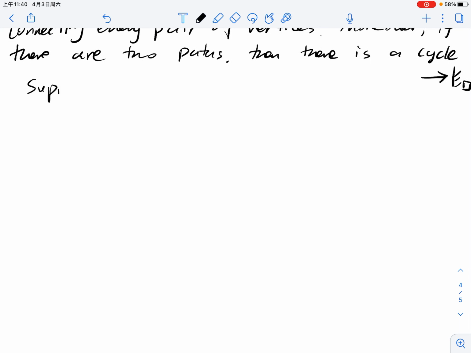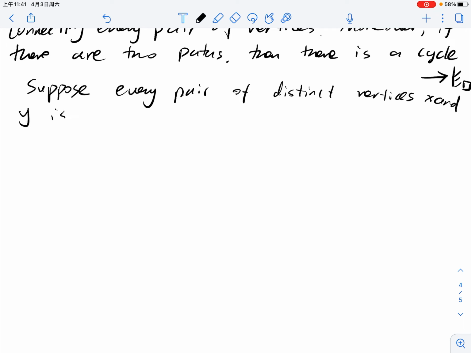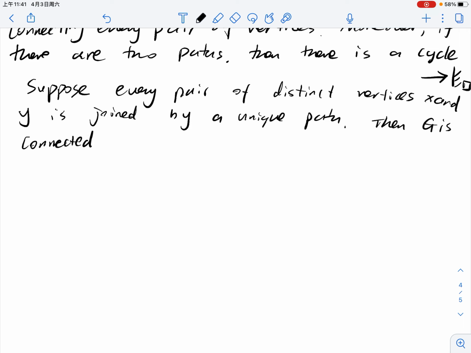Okay, now we prove the other direction. Suppose every pair of distinct vertices x and y is joined by a unique path. Then first G is connected. Notice that here we don't assume G is connected at the very beginning.